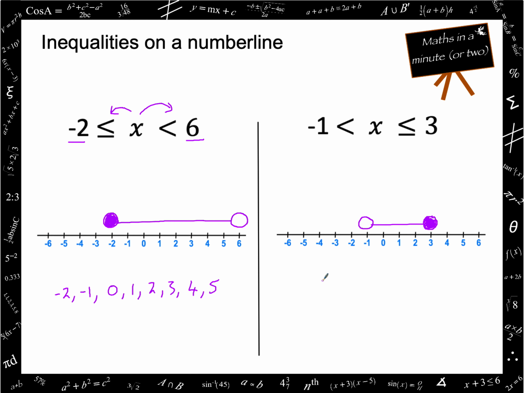So our integer values would this time be 0, 1, 2, and it does include the 3. So numbers between -1 and 3, but not including -1. If we're looking at just the integer values, we're interested in just the whole numbers.